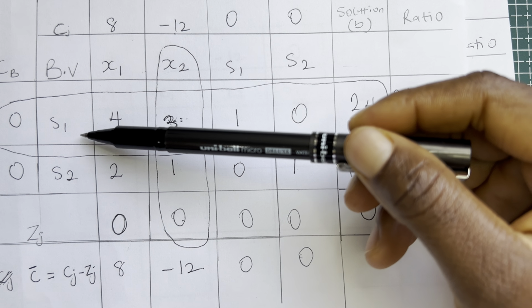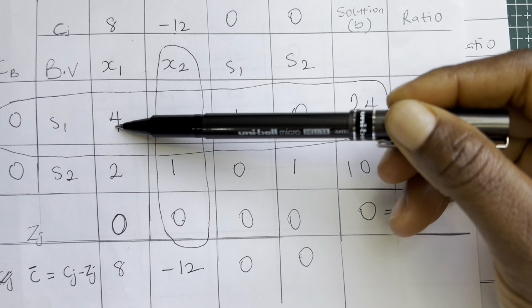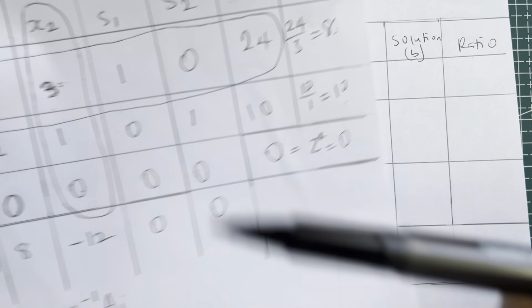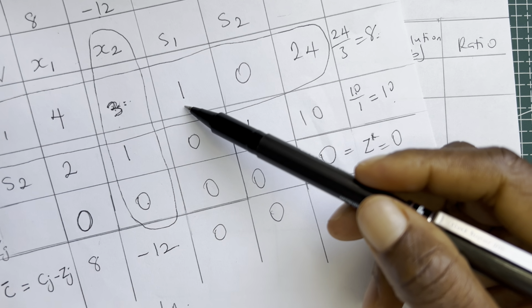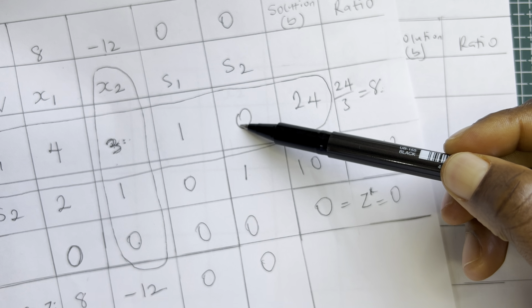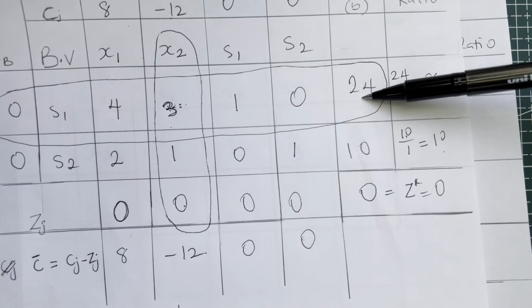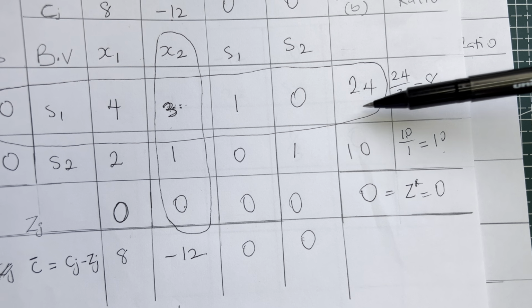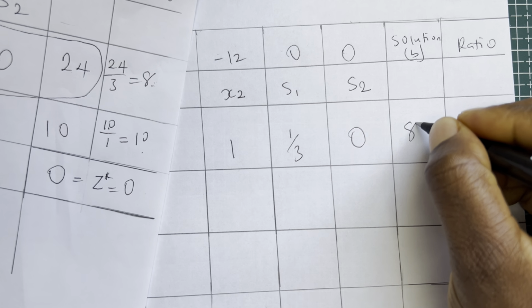And it applies to the other values here. So we have 4 over 3 here, 4 over 3. We have 1. We have 1 over 3. Here we have 0, we still have 0. Here we have 24, which is going to be 24 over 3, which will give us 8. So we have 8 here.